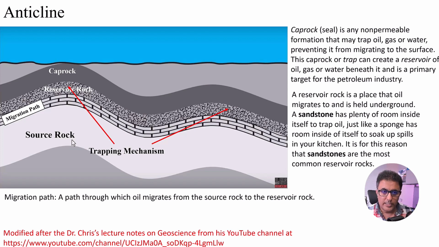And once the oil and gas escape from the shale layer, they move upward to the surface or they migrate.